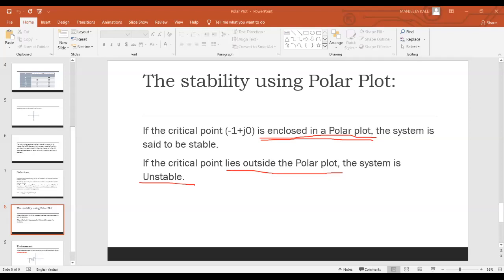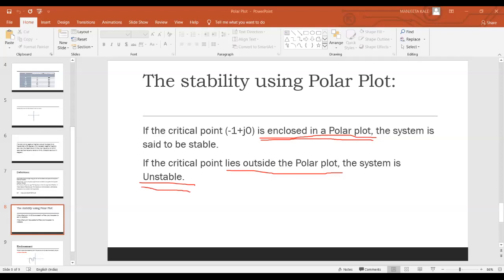If it lies outside the polar plot, that means you have already crossed this point and there is no margin left for the system to be stable. In that case, the system is already unstable. So these two are the conditions based on which you can comment on the stability using the polar plot.